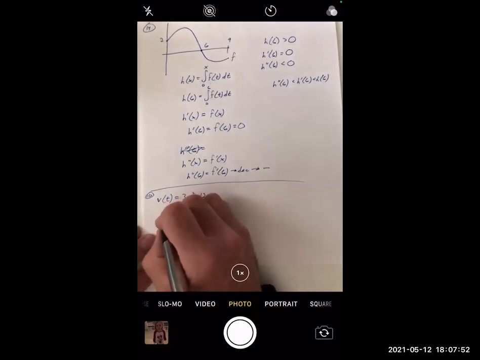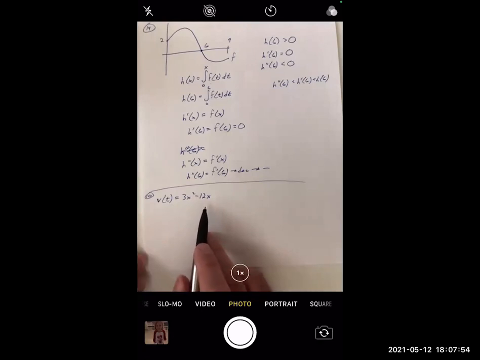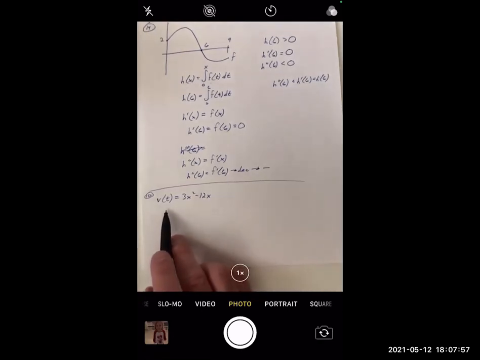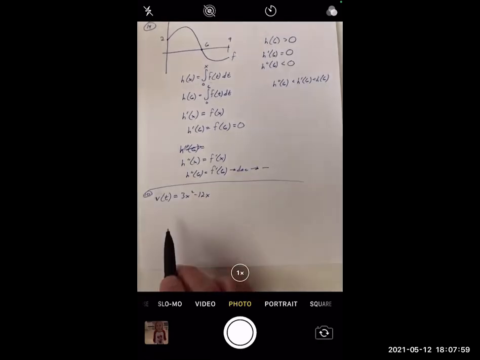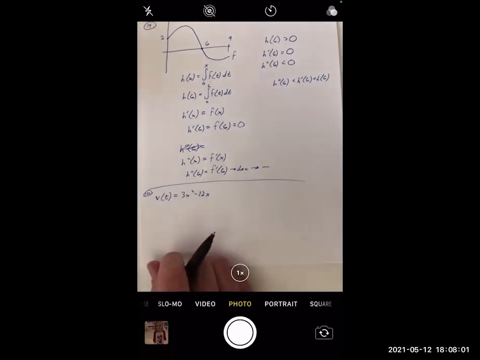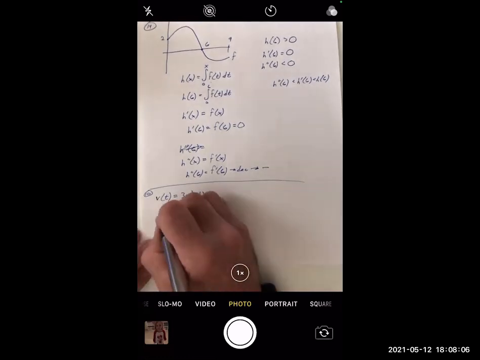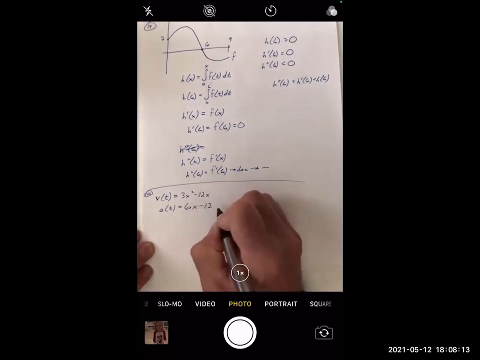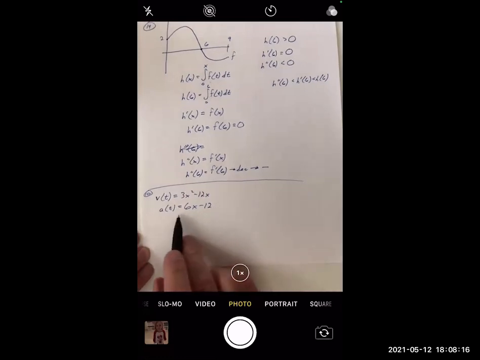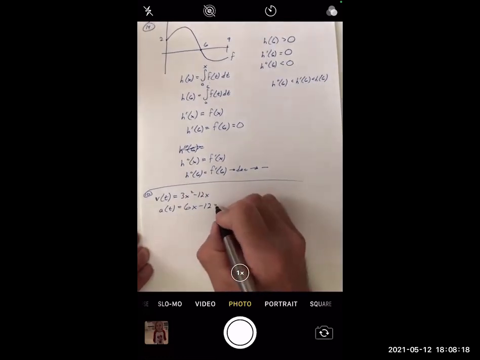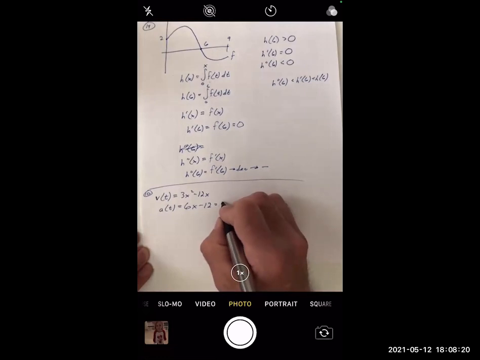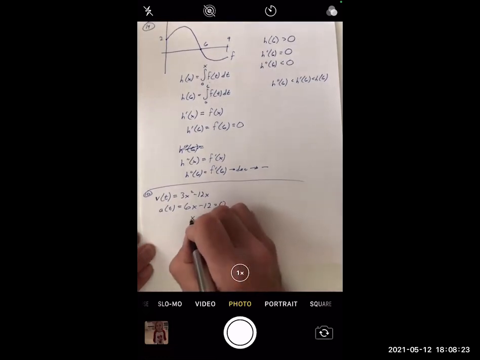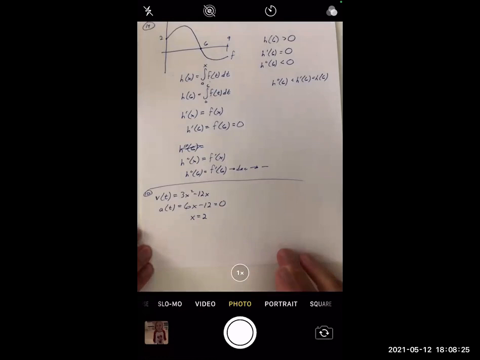So if we want acceleration, how do we get from velocity to acceleration? You take the derivative of v with respect to t. Yeah. So that would give you 6x minus 12. And we need to figure out when that acceleration is 0. So that's going to give you x equals 2.